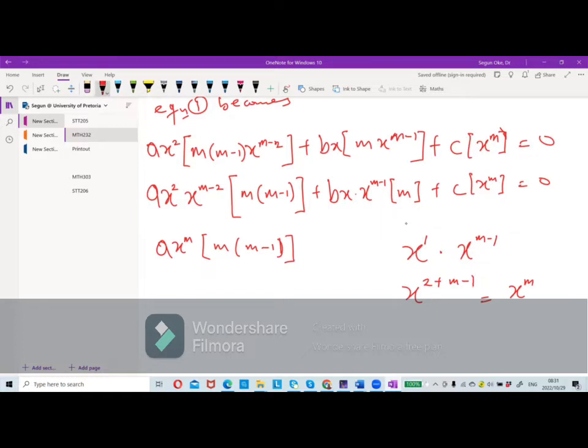So at the end of the day, 1 plus m minus 1 will still give you m. We have b s raised to power m into m, plus c into s^m equals 0.